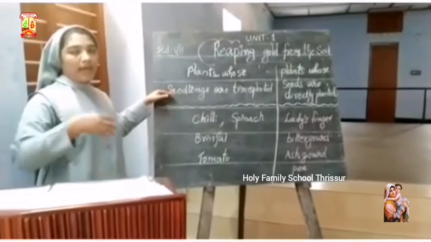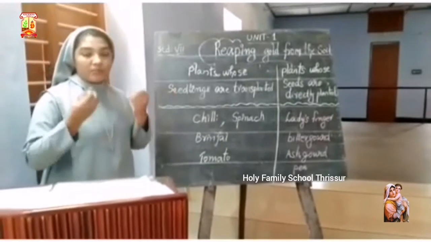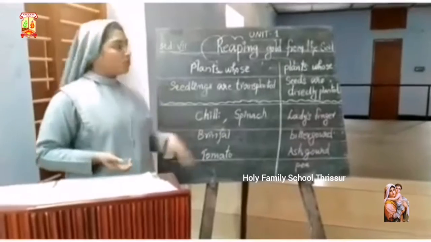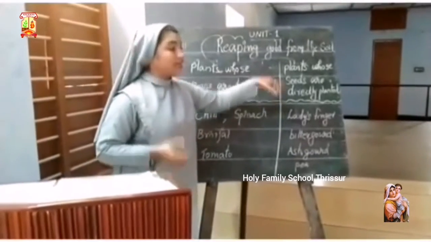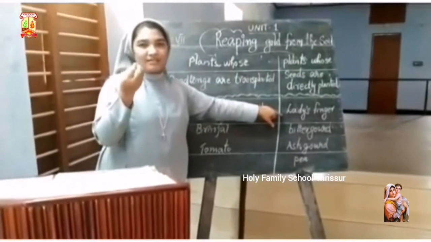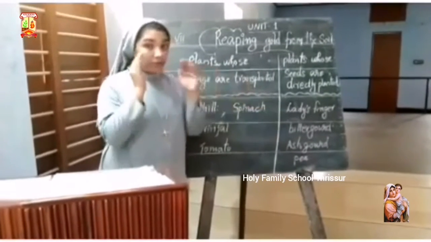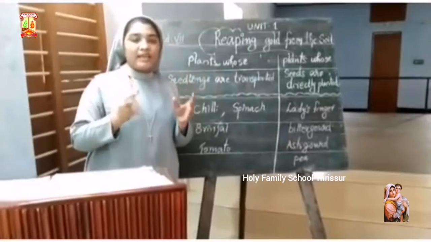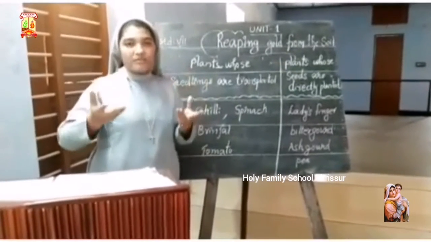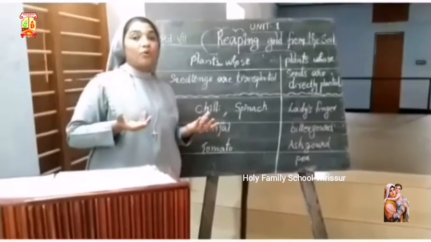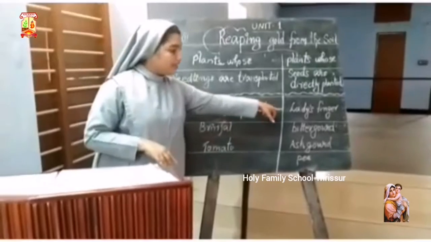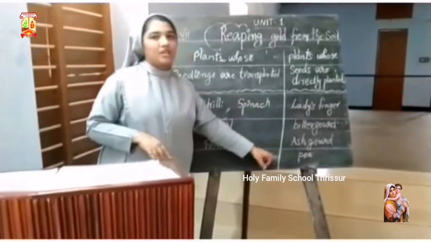Seeds are sown, and when they sprout, we check them and plant them in another area. In the case of plants whose seeds are directly planted, the seeds are larger, so we have to observe closely and know whether each is good or bad. Then we sow them directly in the real area. That is lady's finger, bitter gourd, ash gourd and pea.